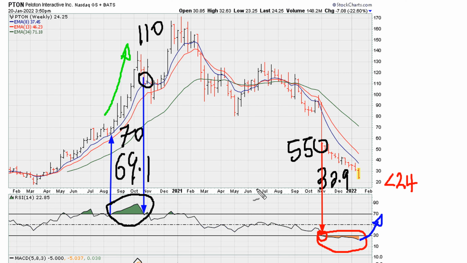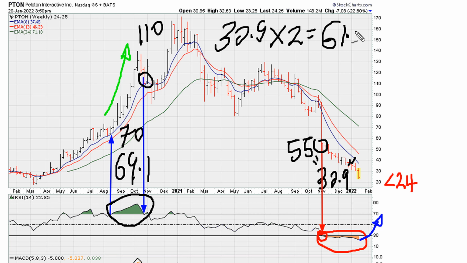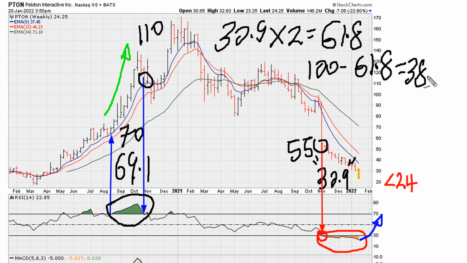Now, somebody is going to be new to these levels, so I'm going to explain where we get them. Let's start with 30.9 quickly here. 30.9 times 2 gets 61.8. 100 minus 61.8, we get, of course, 38.2.